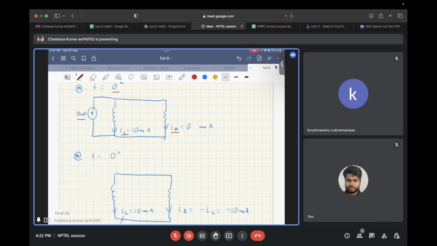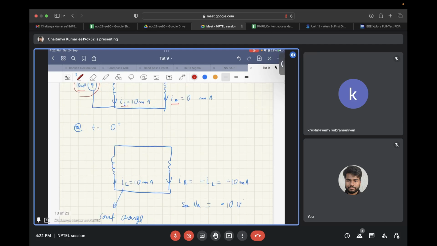Now as soon as this 10 milliamp current source is removed, in order to avoid any impulses in currents or voltages, the current across the inductor and the voltage across the capacitor cannot change instantaneously.